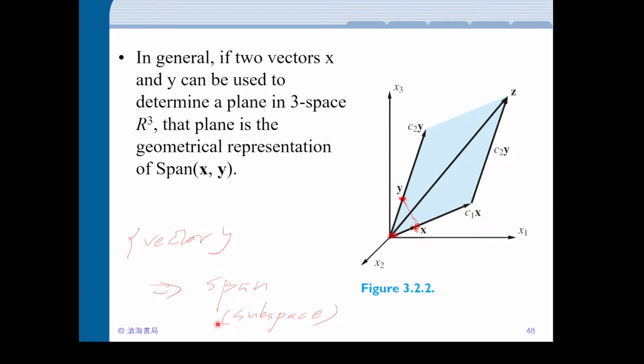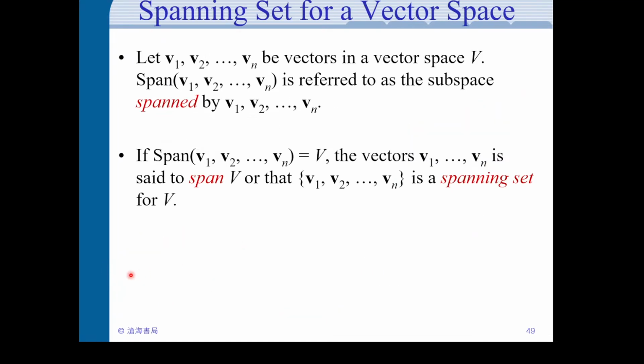So now we go from a subspace and want to find a set of vectors. This is called a spanning set of a vector space. So far we have vectors, and go to a subspace.